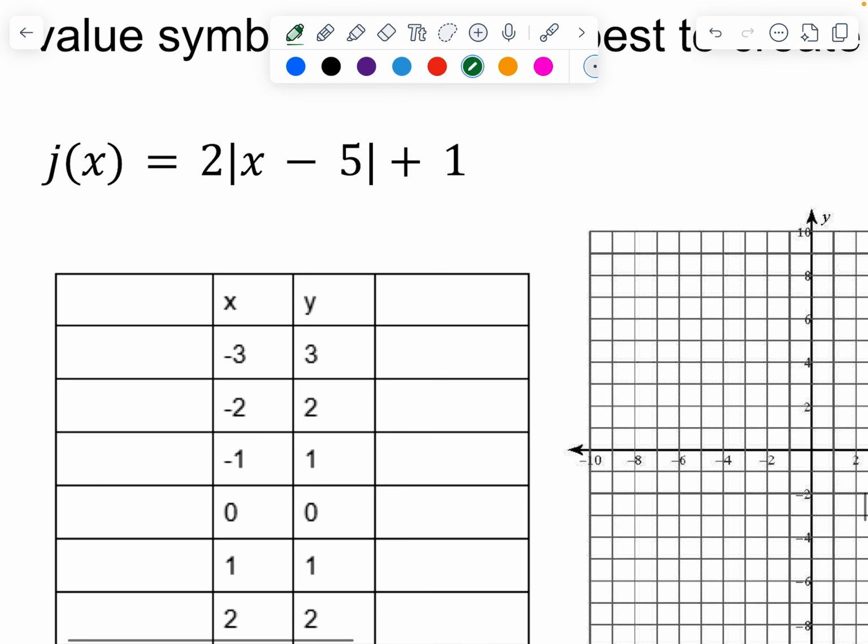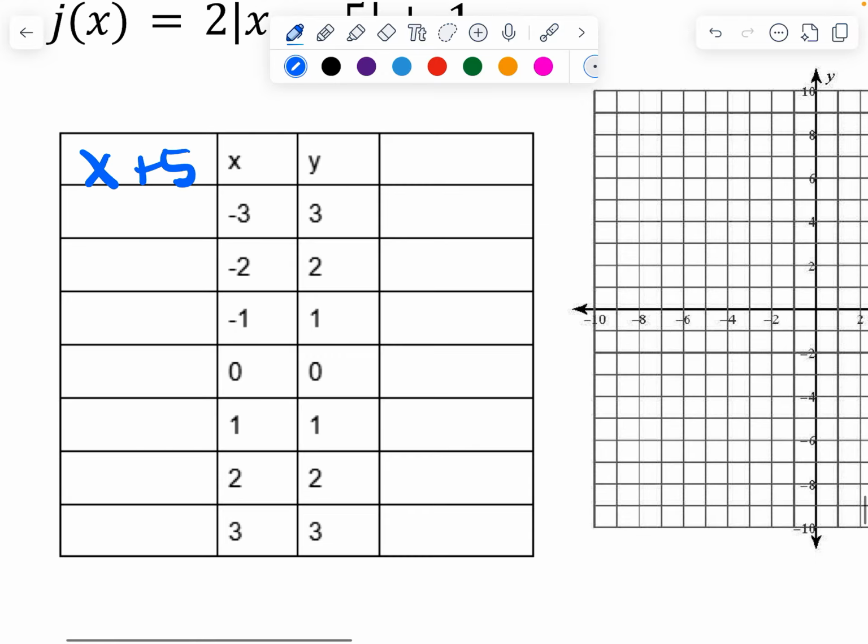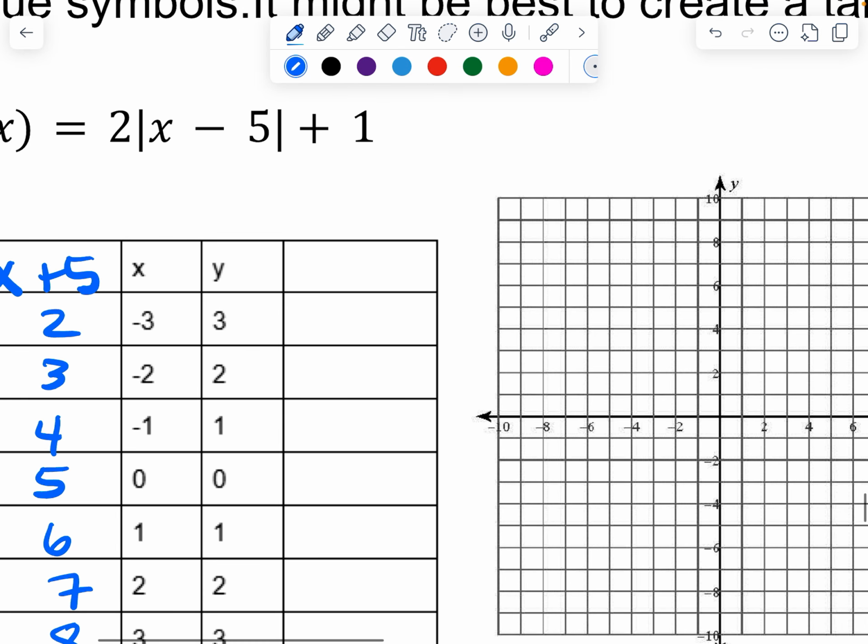Okay, on the inside, remember we do the opposite when it's on the inside. So we're going to add 5. So that's going to be 2, 3, 4, 5, 6, 7, 8. On the y, it's the stuff on the outside. So we have 2y plus 1.